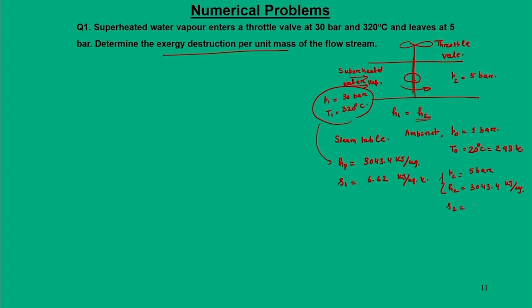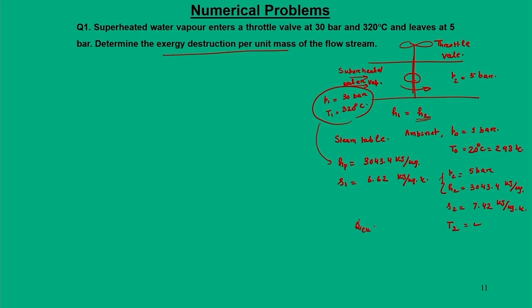S2 would be 7.42 kilojoule per kg Kelvin. You can also calculate the temperature, but for this question temperature might not be required.